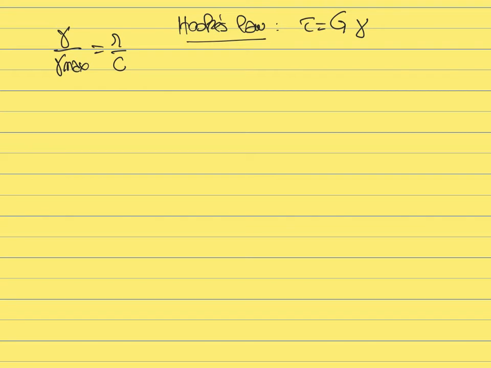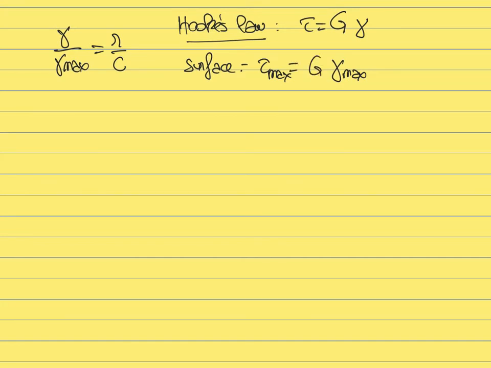So if we apply Hooke's law at the surface of the beam, this is where the shear strain is maximum, it's equal to gamma max. Since the shear strain is maximum, that also gives a maximum shear stress.